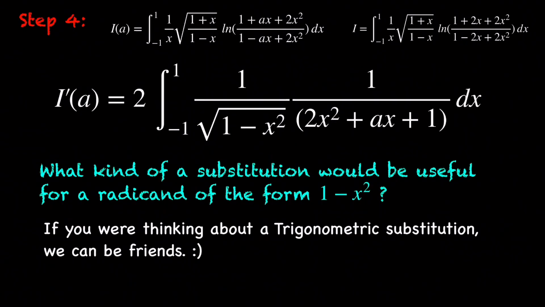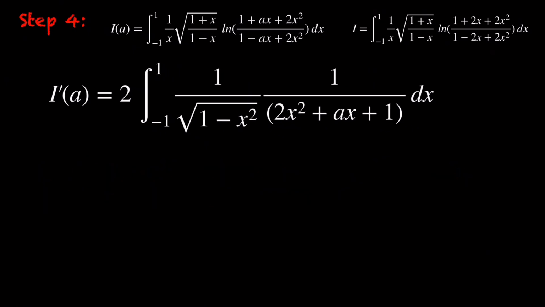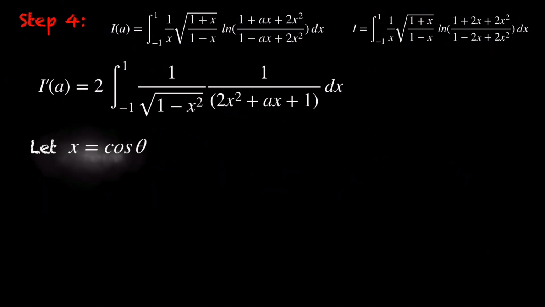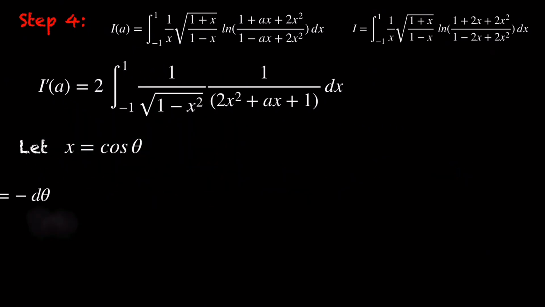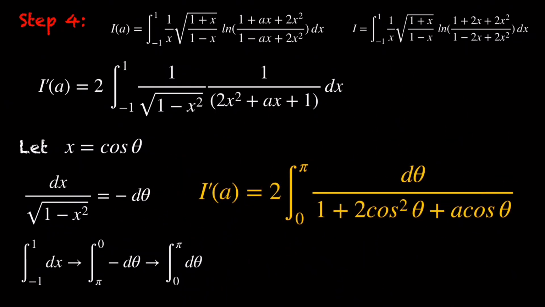If you were thinking about a trigonometric substitution, then we can be friends. Letting x equal cosine of theta, we get negative d theta to be equal to this expression, and working through the limits of integration, we get the following expression. I prime of a is now equal to this integral.